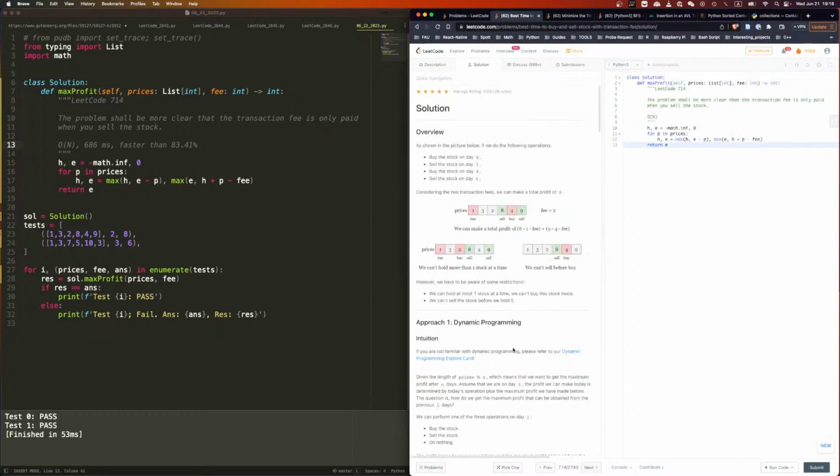All right, let's see. I actually never went through the dynamic programming part. I just used a state machine for doing this.